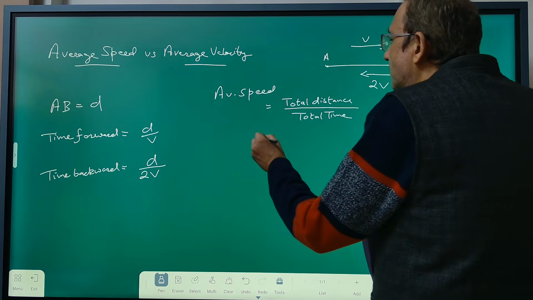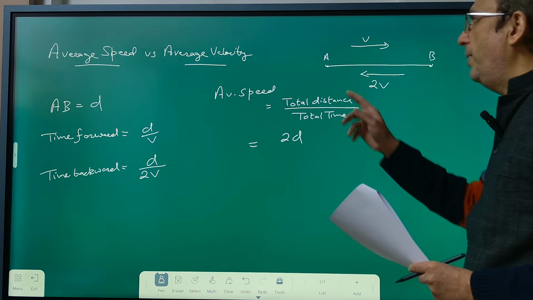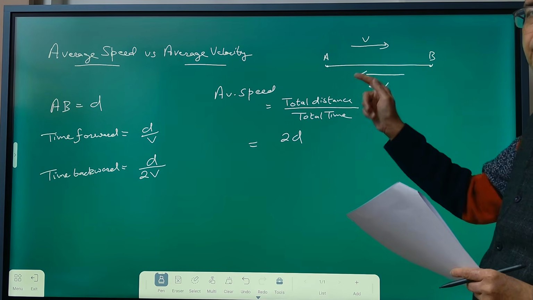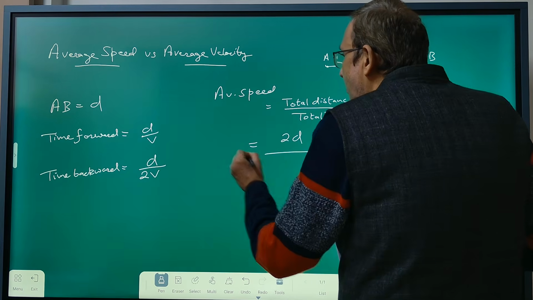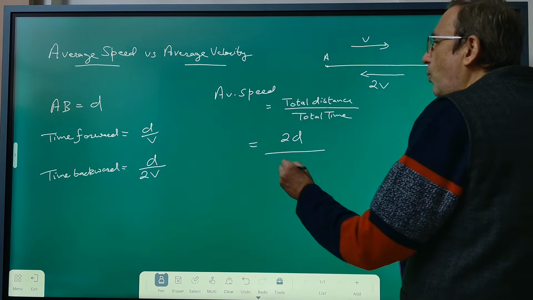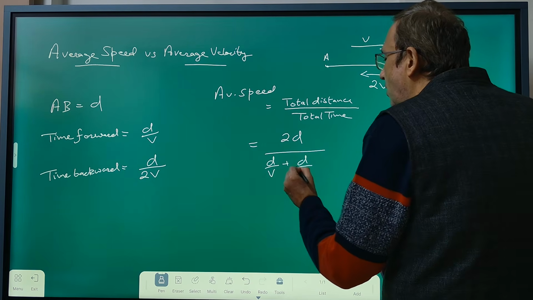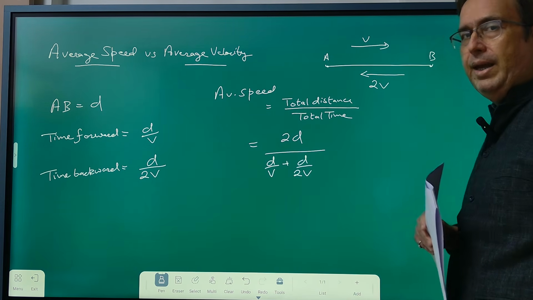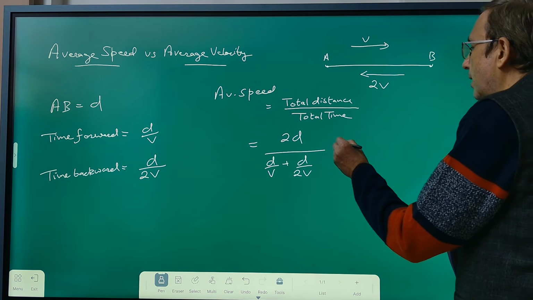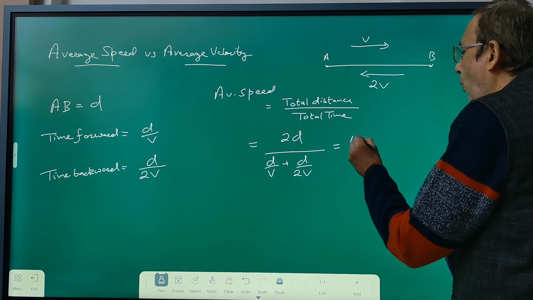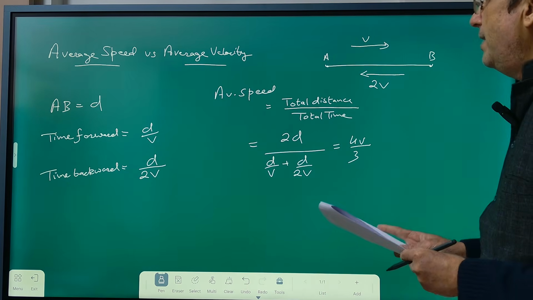So then you know the total distance is 2d, that is from A to B, and then from B to A. The total distance is 2d, and the total time is time forward plus time backward, which is d by v plus d by 2v. Then you calculate it, you will get the average speed as 4v by 3. So that is the average speed.